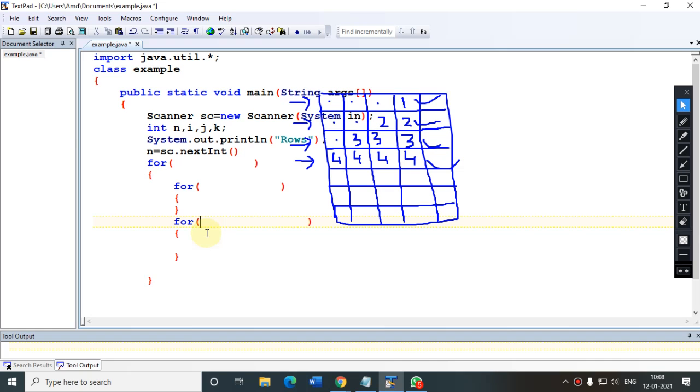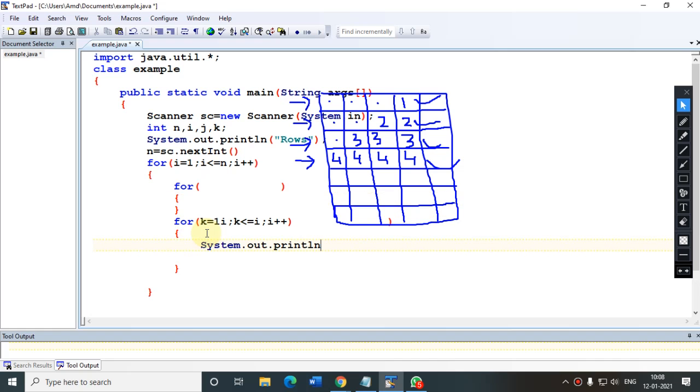So first of all, we will generate the third loop, meaning the innermost. For printing, it is starting from 1 to less than or equal to i. So i would be your outer loop. The first value of i must be 1, less than or equal to n, and then i plus plus. So this loop we are using for printing.